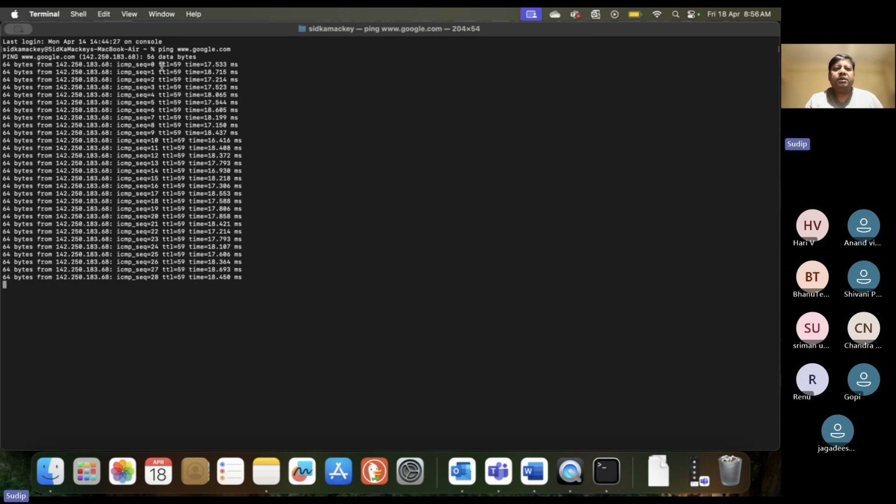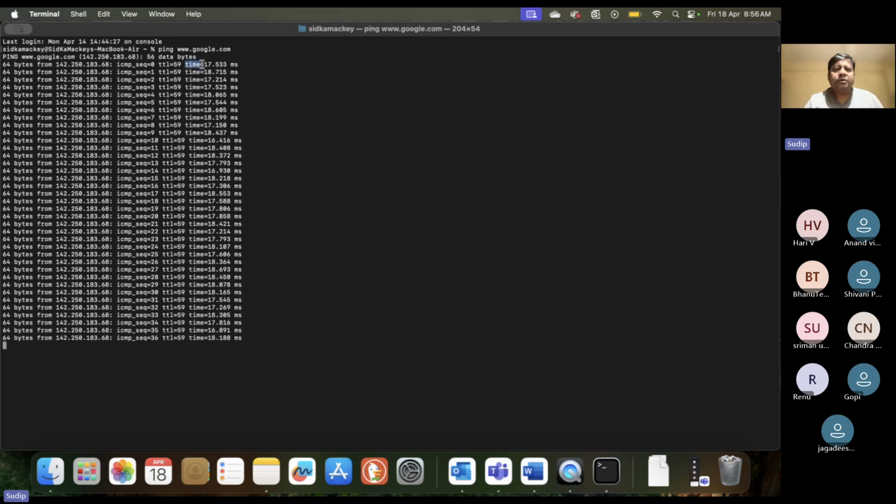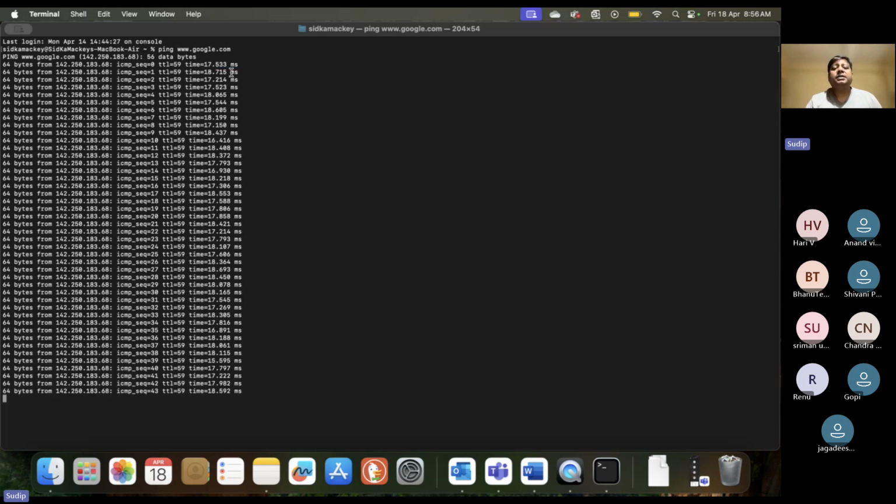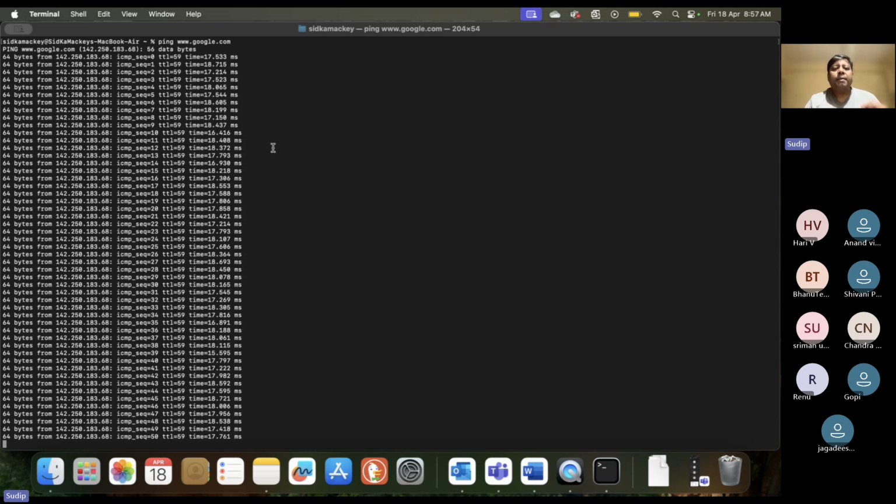Then there is something called TTL, and then there is another thing called time equal to. You see this at the end. This time is nothing but the response time, the time it takes for the 64 byte packet to go from my computer to Google and come back. Round trip.